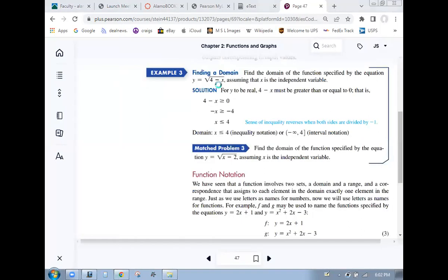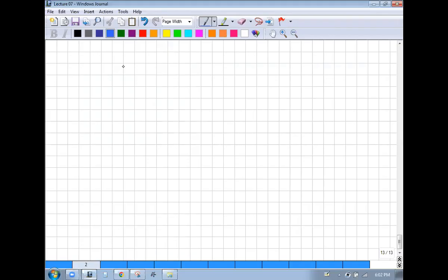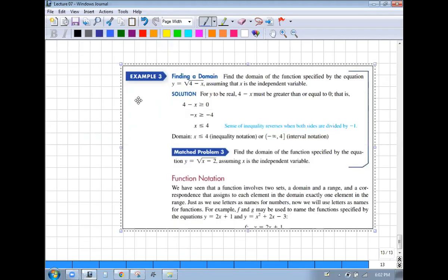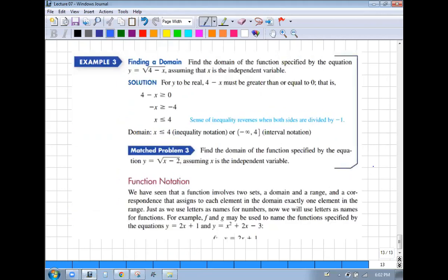So domains and ranges. All right, the domain is the numbers you can plug in, right? Any number you can plug in where the function doesn't choke. So this guy right here, this is a function. For any one number I plug in, I'm getting one number back, okay?